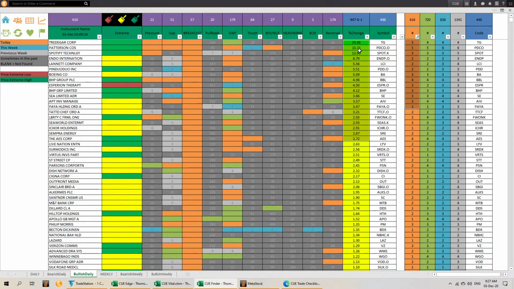So one way to look for trades is to not go through the different Q signals, but just focus on the top, let's say 10 stocks, and look at their charts first or look at their fundamentals first.